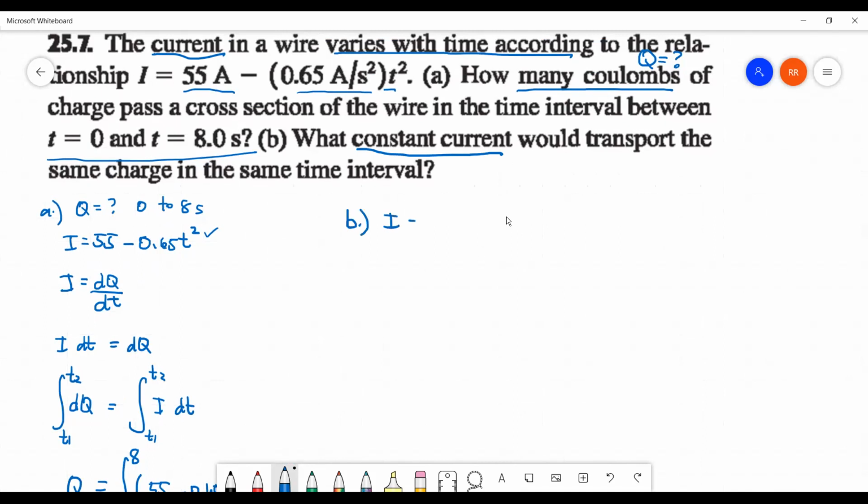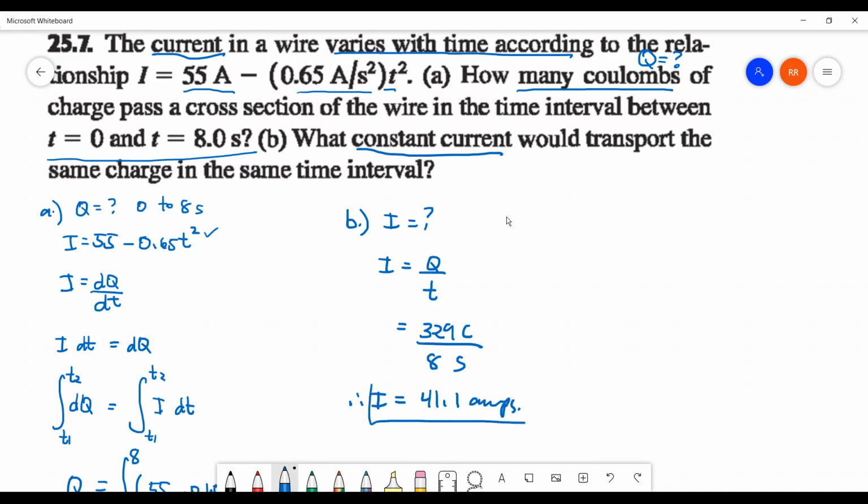So basically, you're just asked of I if you want to transport the same charge that we solved in A. So it's just Q over T. Therefore, you have 329 coulombs per 8 seconds. So a constant current of 41.1 amperes would be able to transport 329 coulombs, in a span of 8 seconds.